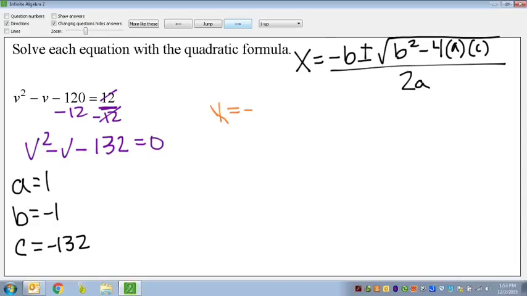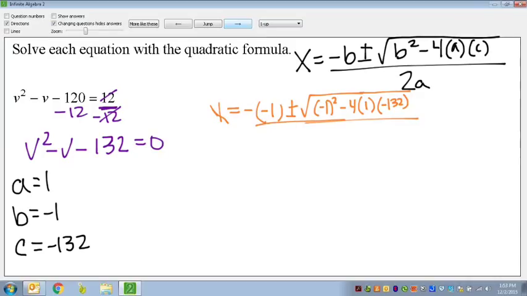X equals negative 1 plus or minus the square root of b squared, which is negative 1 squared, minus 4 times 1 times negative 132, all over 2 times 1. All right, here we go. So negative 1 becomes positive 1, plus or minus the square root of negative 1 squared, which is positive 1.